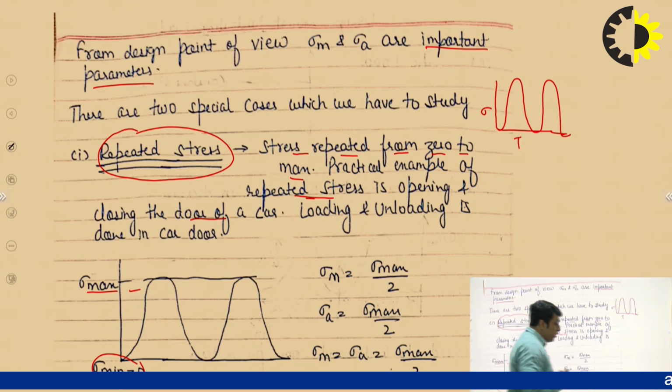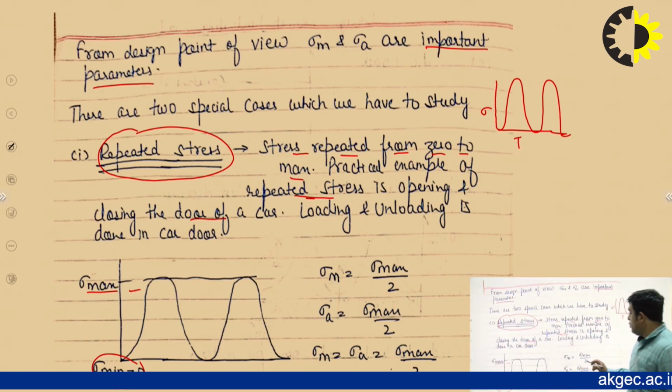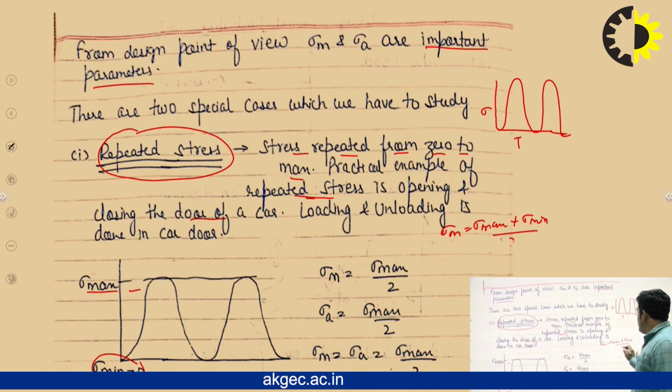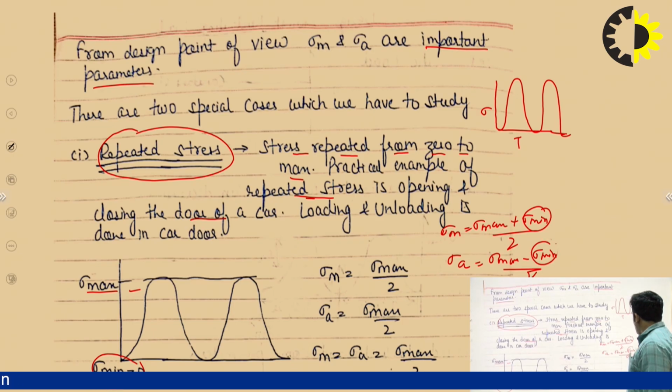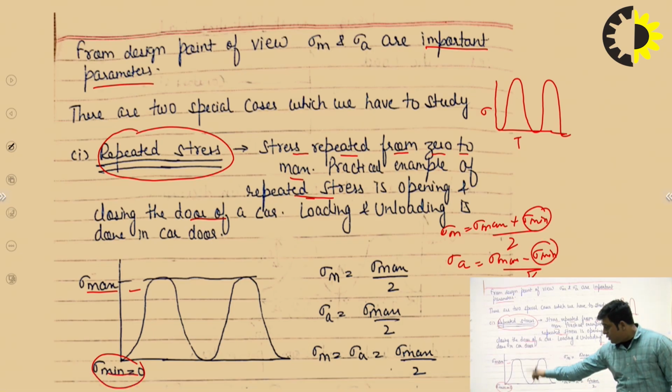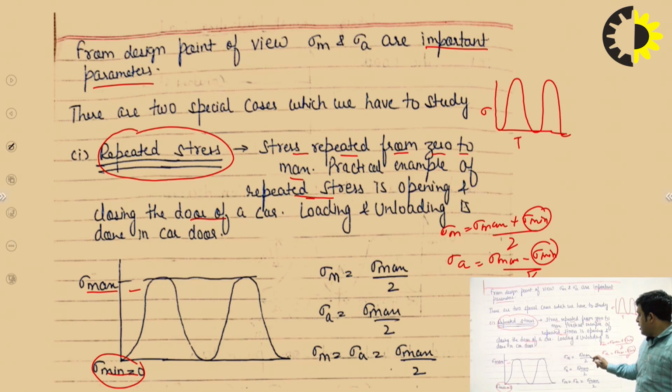If sigma minimum is 0, then as per our formula, sigma m is equal to sigma max plus sigma minimum divided by 2, and sigma a is sigma max minus sigma minimum divided by 2. Since sigma minimum is 0, sigma m will be sigma max by 2 and sigma a again sigma max by 2.